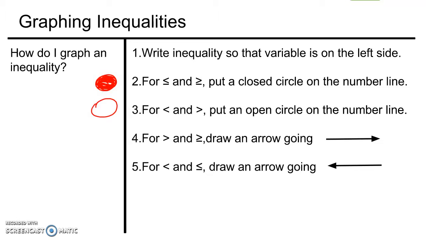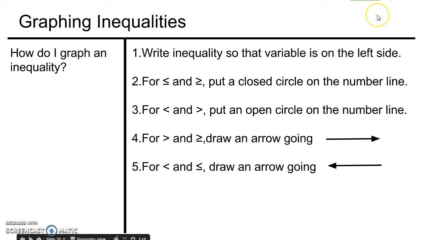So that's the first thing we have to do: open or closed circle. Then we have to figure out which way the arrow is pointing. If it's greater than or greater than or equal to, the arrow is going to point to the right because it's bigger than that. If it's less than or less than or equal to, we're going to do an arrow pointing to the left because it's less than that. And remember, all of these little tricks only work if we have the variable on the left side.